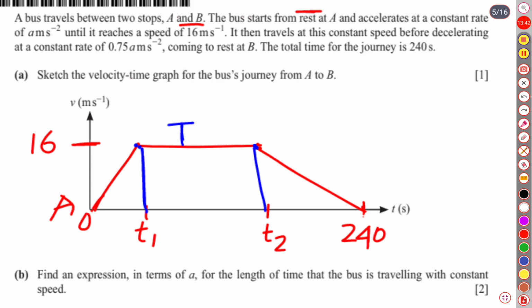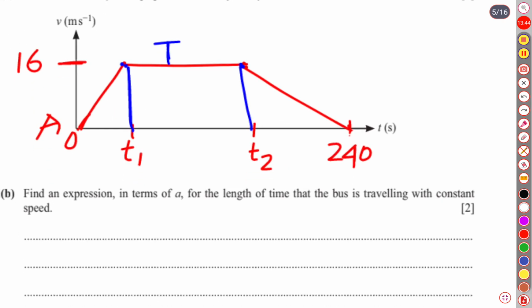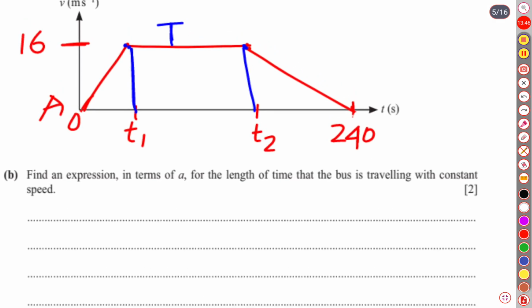So first of all, if we choose the first triangle, we are going to apply the concept of the SUVAT formula, v equal to u plus at. We know that this concept is very commonly used. So v is the final velocity. Final velocity is 16.